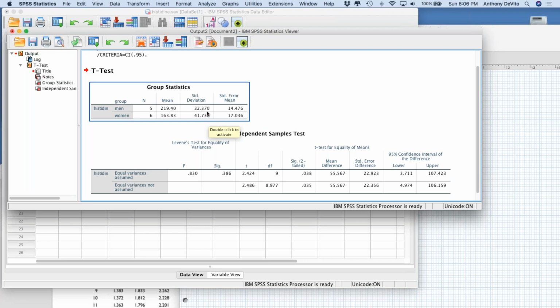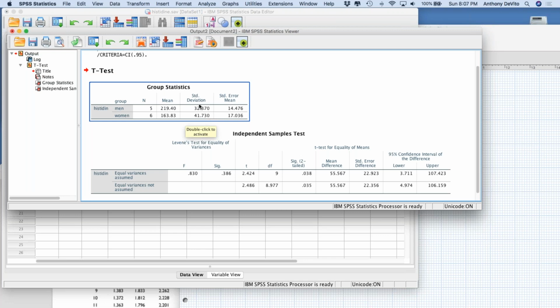So the idea here now is that all we know about the mean for men is what we know from the 5 people that we sampled. All we know about the mean for women is from the 6 women that we've sampled, right? So these means are based on a relatively small sample size. In fact, that implies all we know about the variability for men is based on 5 people and variability for women based on 5 people.